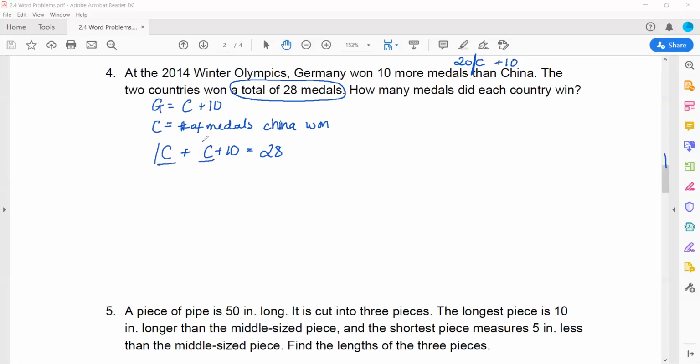So 1C plus 1C is 2C plus 10 equals 28. Then we want to subtract 10 from both sides. So we get 2C equals 18. Divide both sides by 2, and we get C equals 9.